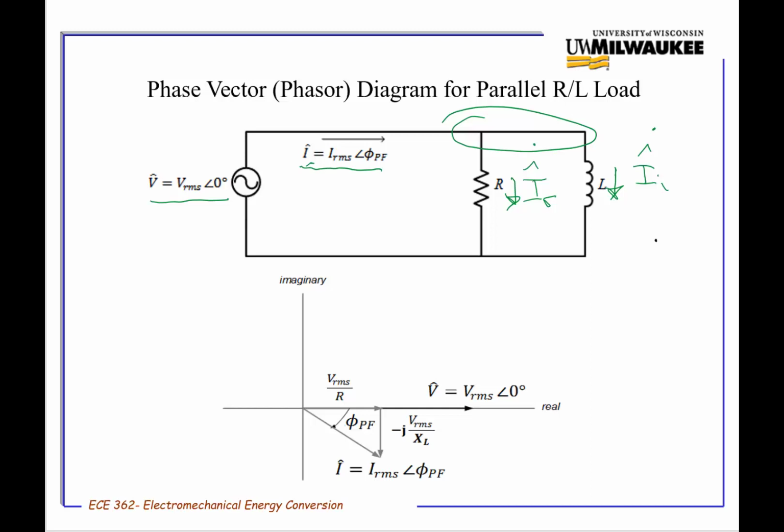We showed using the phasor diagram that if we found the current in the resistive branch by dividing the RMS voltage by the resistance, and then found the current in the inductive branch by dividing the RMS voltage by the inductive reactance, we would have two phasors, and we can add them together and find the total phasor representation of that current.